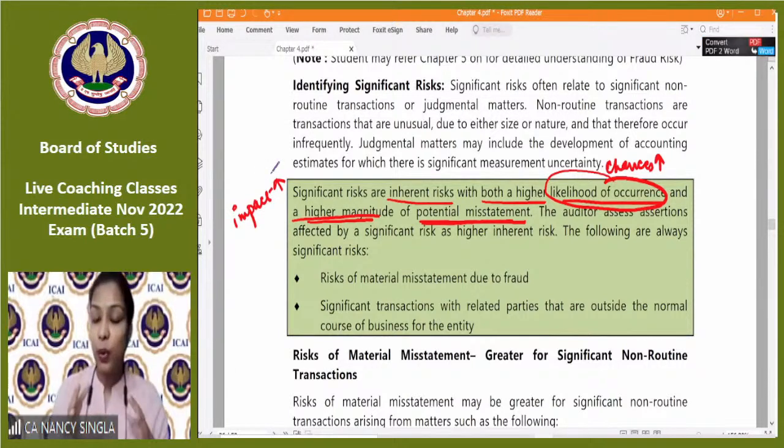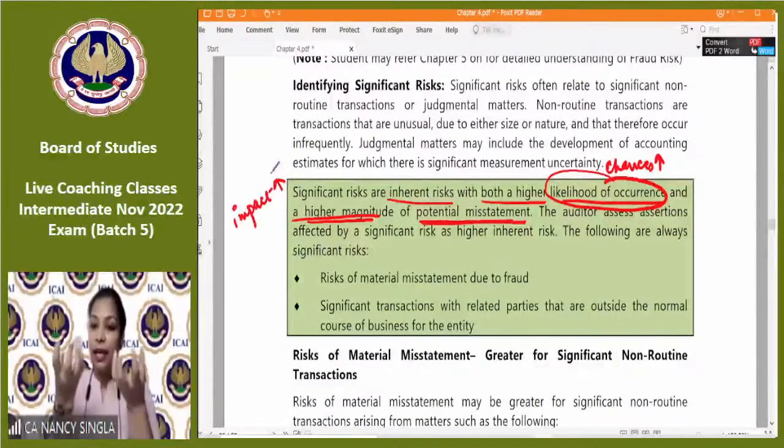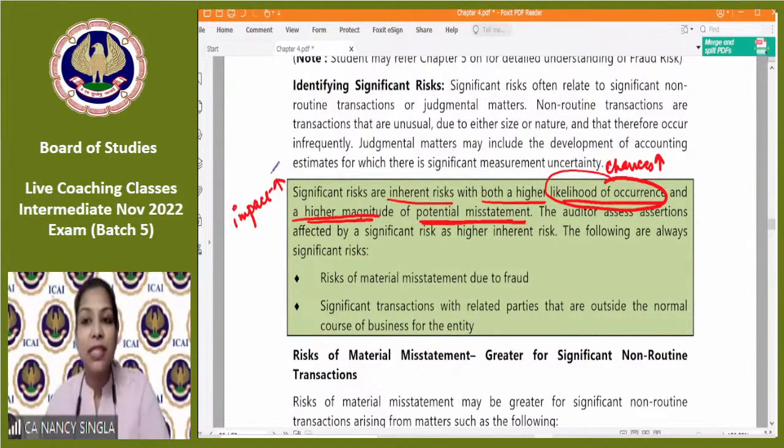So out of the inherent risk, certain risk will be there which have high chances of occurrence and higher magnitude. What is the magnitude? It is the size or the importance due to the nature of potential misstatement. What is potential? Likely misstatement. So such kind of risk are significant risk.